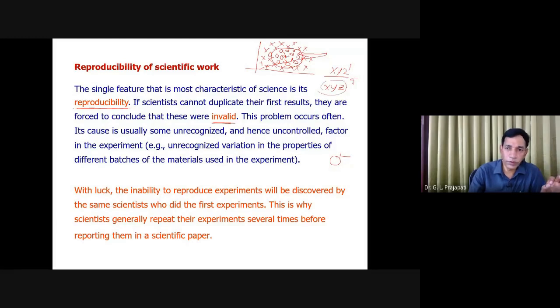So whatever conclusions you are sending, people should be able to verify on behalf of your data. If they are not able to verify, then it is not acceptable. So this is very important if you are doing this kind of research.